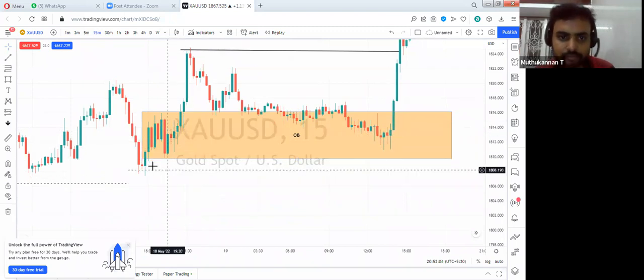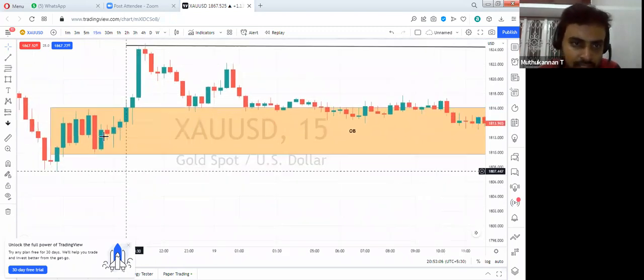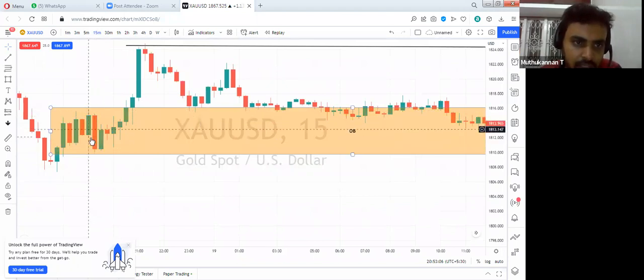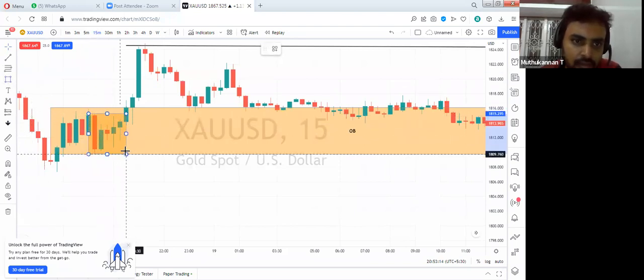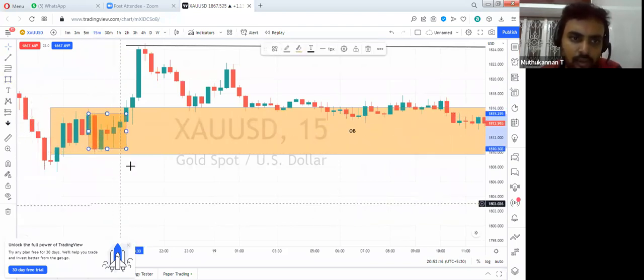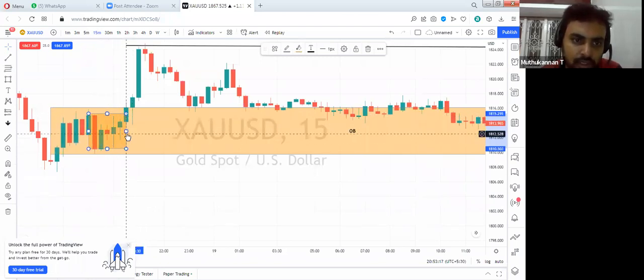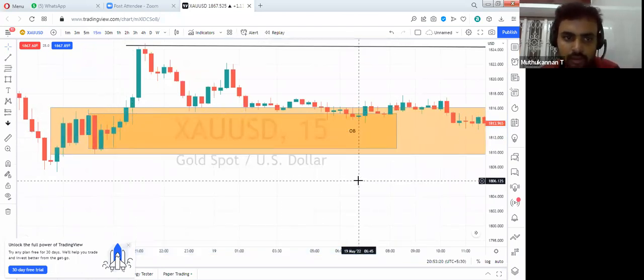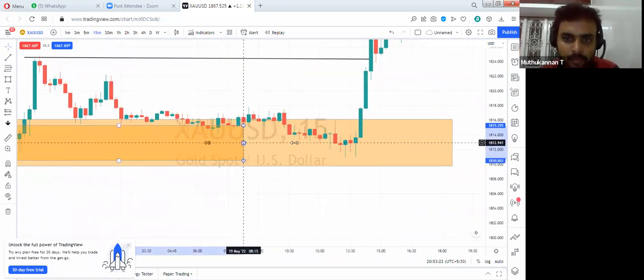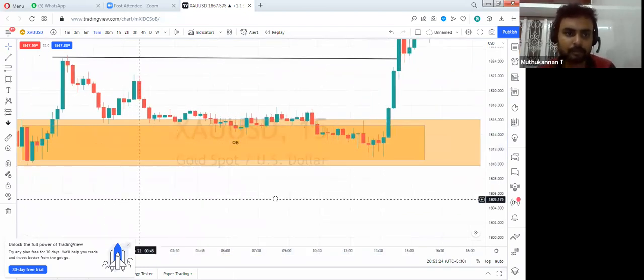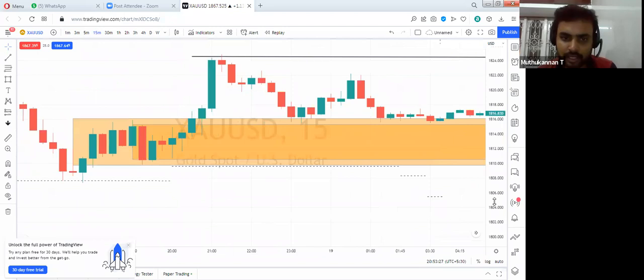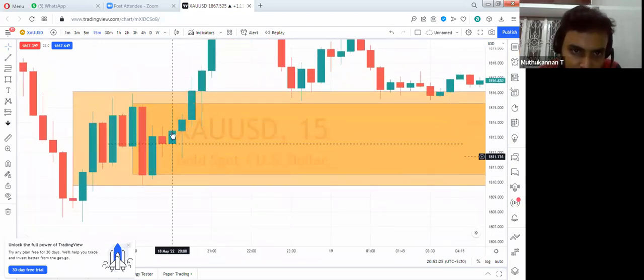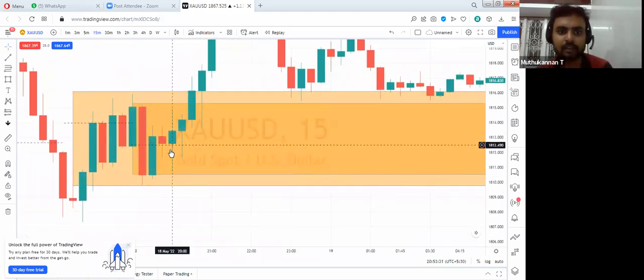However, can you guys see the big candle? These candles are inside this candle, right? So what you can do is, you can consider this as your order block. Similarly, you can see here this big red candle.